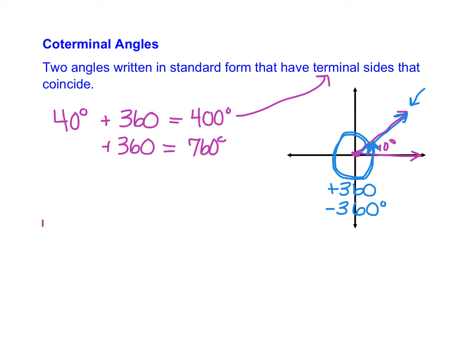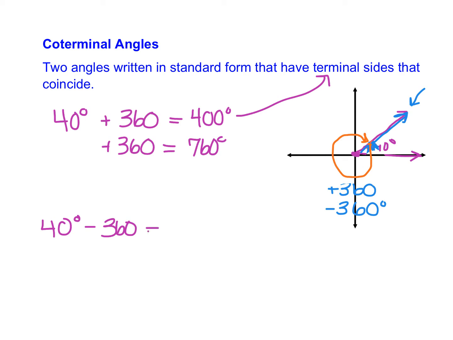Now, in addition to having the ability to add 360, we can also subtract 360 and create an angle that's going to go in reverse. So say for some reason I wanted a negative angle, what I could do instead is take the 40 degrees, go clockwise, which is backwards, or a negative 360 degrees.